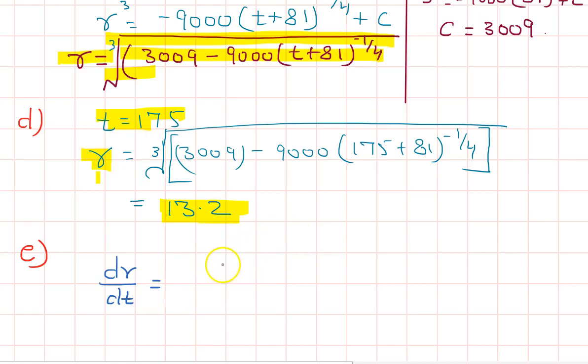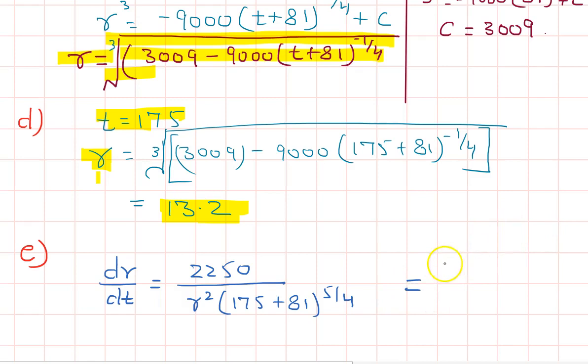So dr over dt is 2250 over r square, t is 175 plus 81 to the power 5 over 4. If you calculate, that is equal to 0.0126 up to 3 significant figures. So that is the answer, 0.0126.